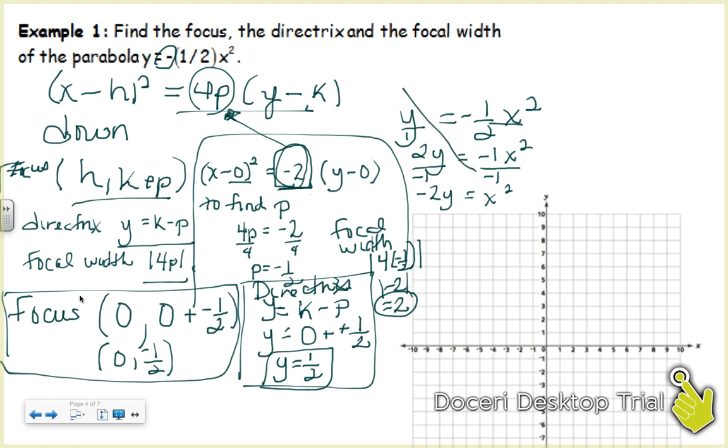So I'm just going to sketch this parabola because it is really hard with these numbers as small as they are with 1/2. But here is my directrix. It is at y equaling 1/2. Here is my vertex.